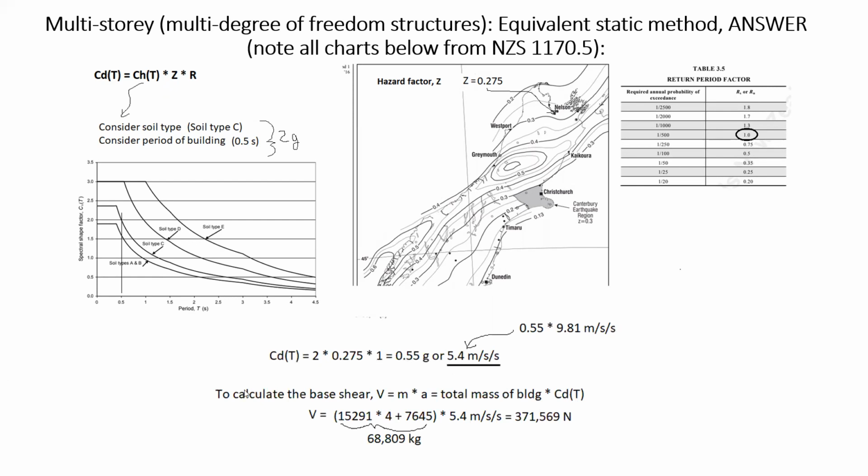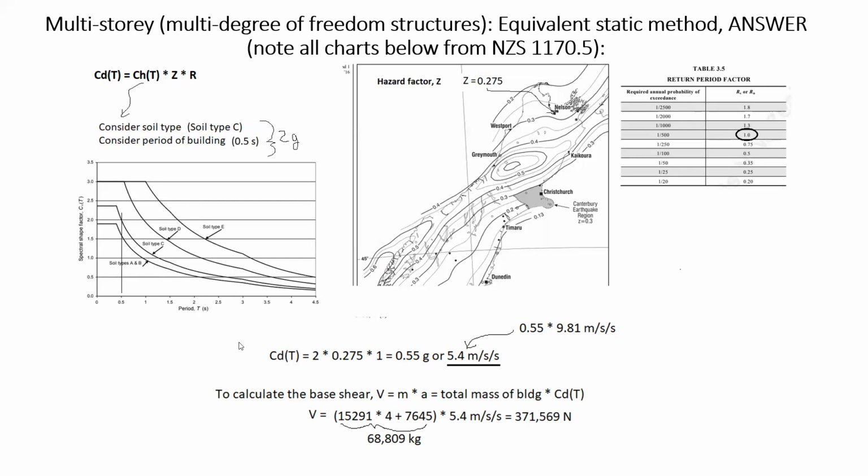So that gives us CD(T) equals 2 times 0.275 times 1 which is 0.55 G, or 5.4 meters per second squared. To calculate the base shear, it's just mass times acceleration. So we get the total mass of the building times CD(T).